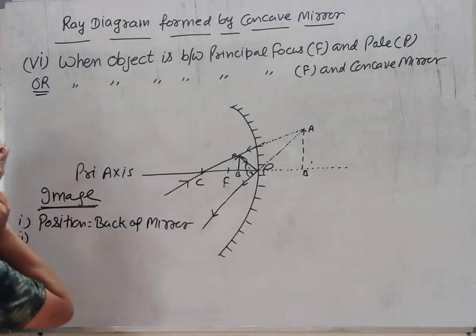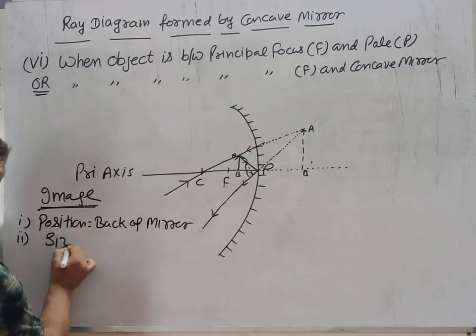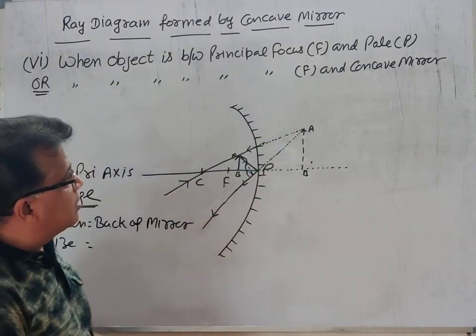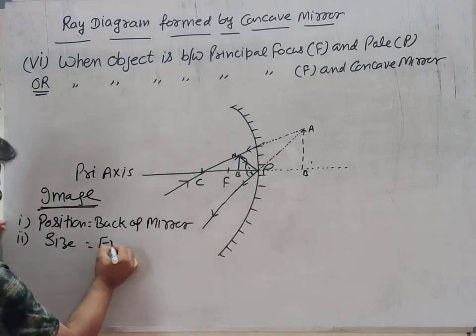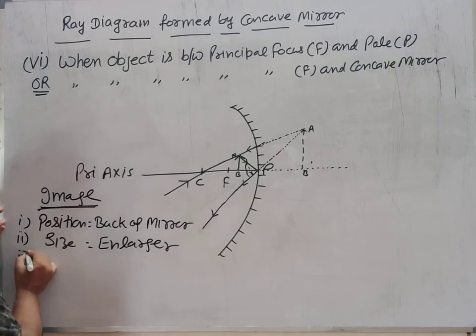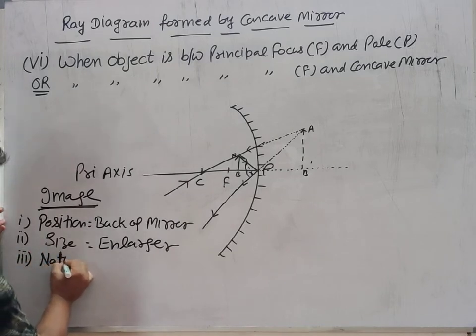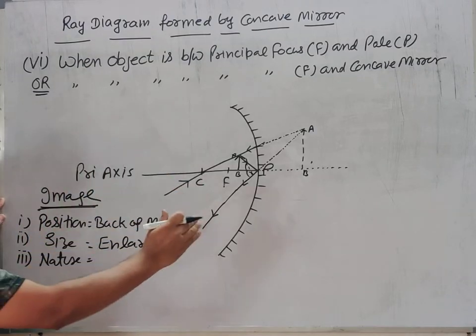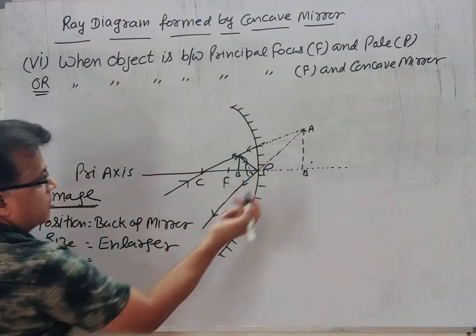Second, size. We are observing the image is larger than the object, so it is enlarged. And then nature. It is on that side and erect.